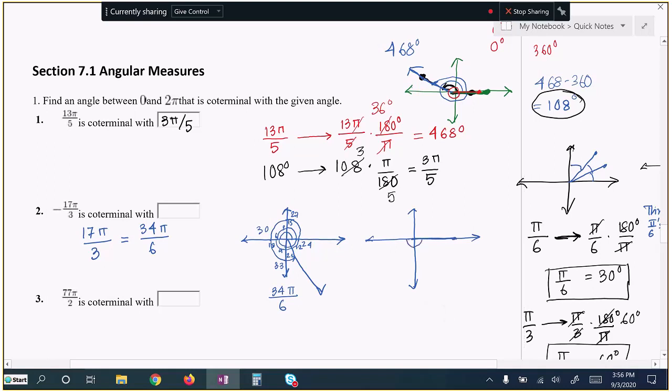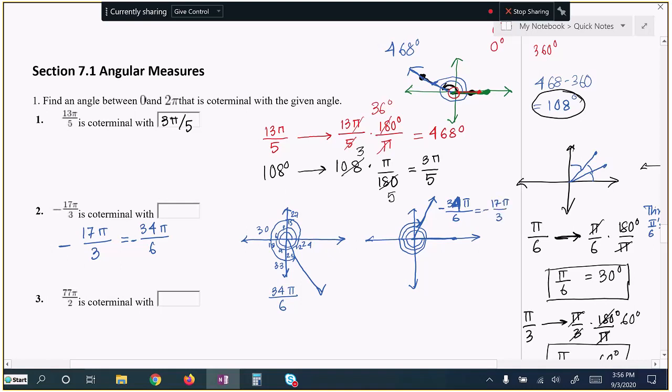So this is 3, 6, 9, 12, 15, 18, 21, 24, 27, 30, 33, one more. So that should be the terminal side. And this stands for negative 17 pi over 3. I can write it as minus 34 pi over 6 because I counted 34 of them, which is negative 17 pi over 3.